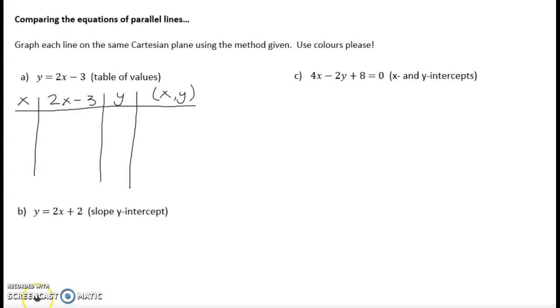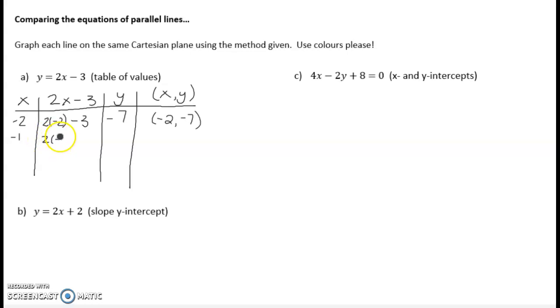Okay, so the first one, let's plug in -2. So it's going to be 2 times -2 minus 3. So 2 times -2 is -4. -4 take away 3 gives us -7. So our first point, when x is -2, y equals -7. The next one, -1.